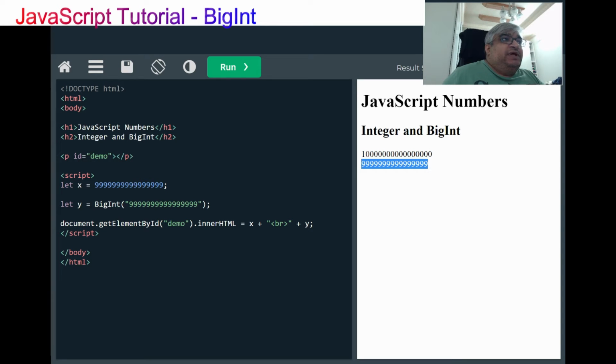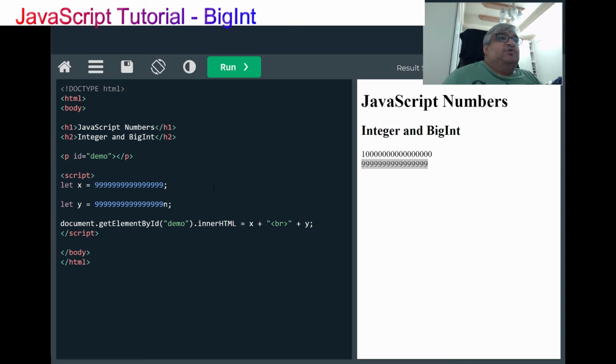This is one way, and as I told you, there is another way to define BigInt, which is to put a small letter n at the end of the number. Let's put this number here. Remove this BigInt, and I put a small letter n here.